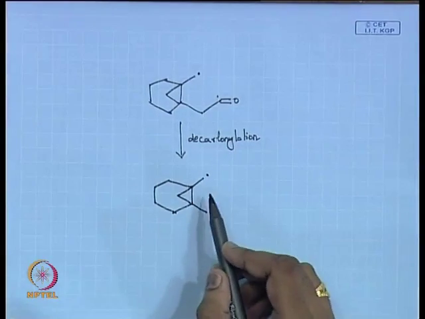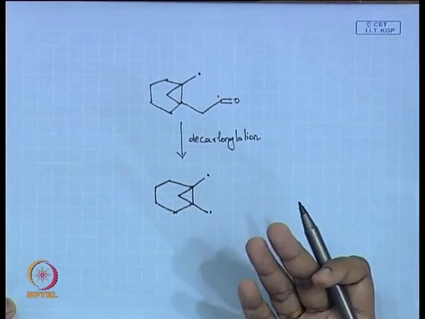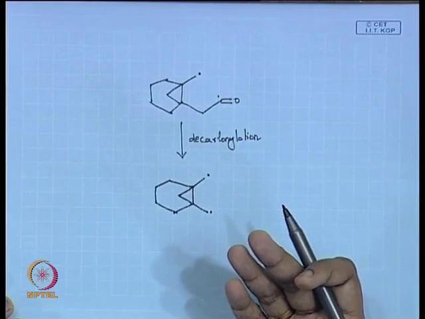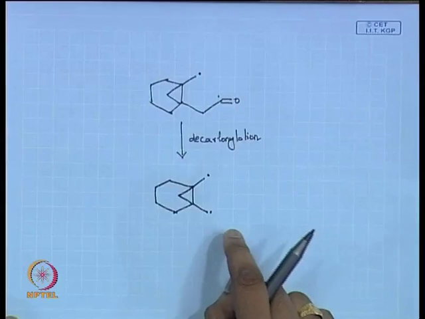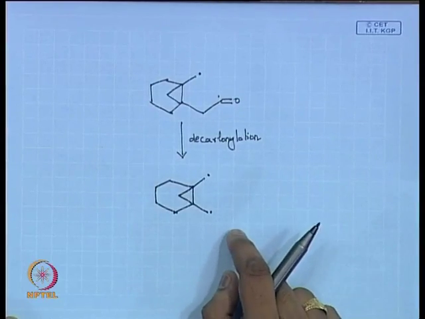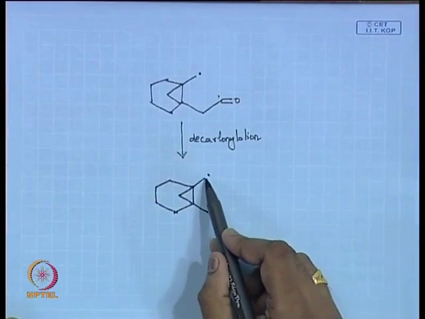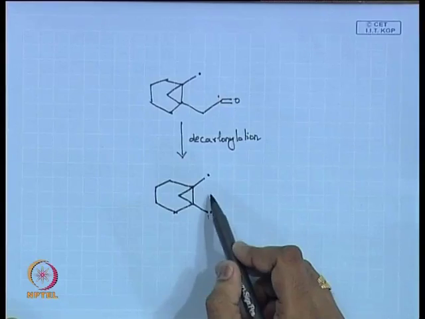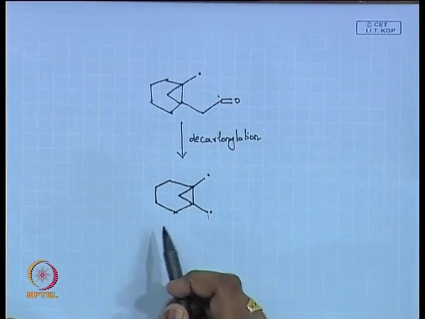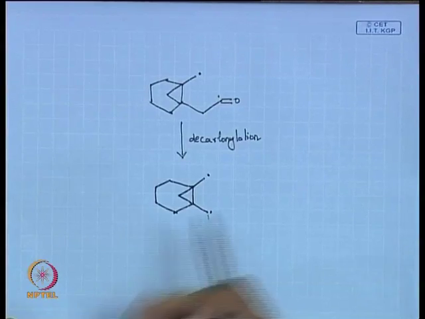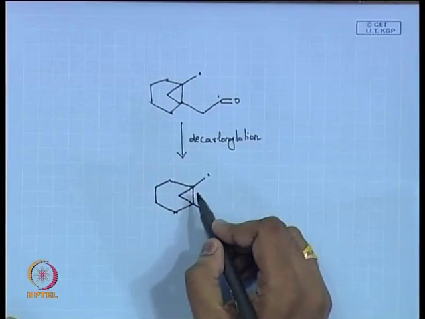Now, again it becomes a 1,4-diradical system. We have studied very clearly the 1,4-diradical system. Again, for a 1,4-diradical system, you have two options. One option is cyclization to give me a cyclic product. So, you think about whether I can cyclize this, it is very hard because I am trying to make a strained ring. So, I am eliminating that process. Then what does the 1,4-diradical system do? It does a beta cleavage.